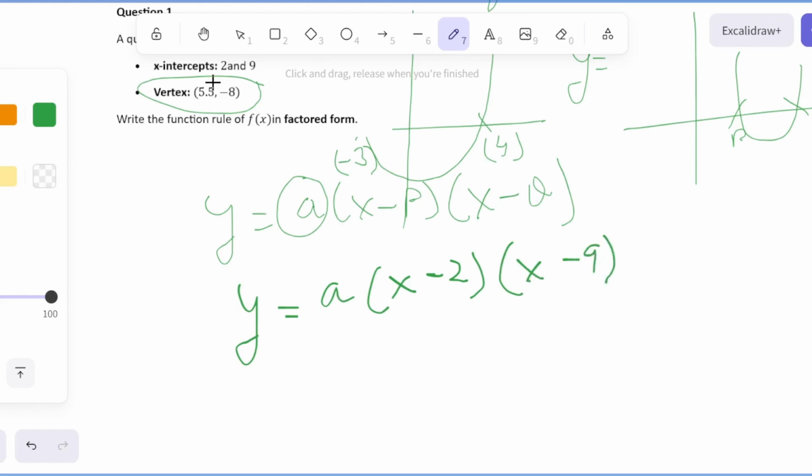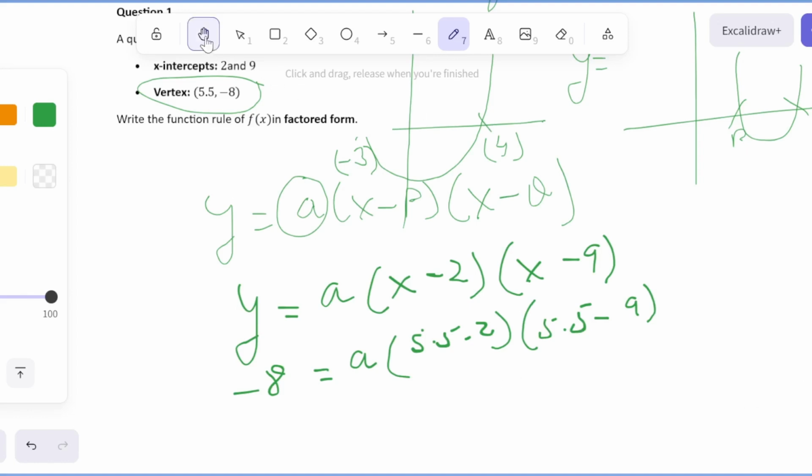Now we'll use this information which is given here. The vertex is 5.5 and minus 8. So the x coordinate is 5.5 and the y coordinate is minus 8. We'll put minus 8 equal to a times (5.5 minus 2) times (5.5 minus 9). Now we'll solve it a little so that we can get the value of a.